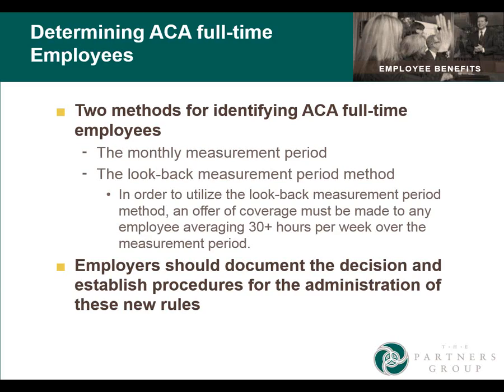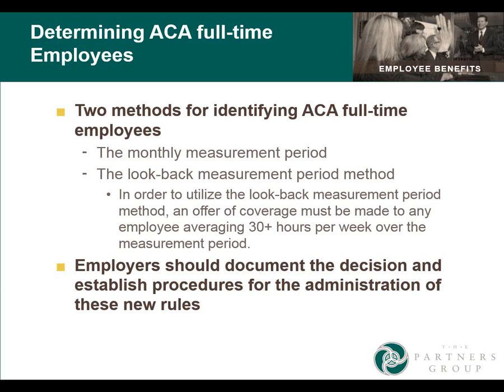This is a good solution because very few, even in the larger districts, actually have very many substitute teachers or variable hour employees that average 30 hours a week over the entire 12-month period. Just to be clear, you can't measure over periods of greater than 4 weeks where school is not in session, so during the summer months you can't measure.